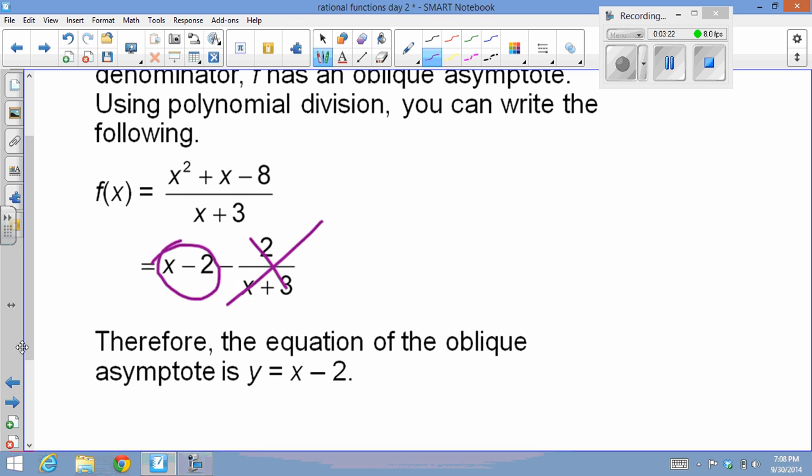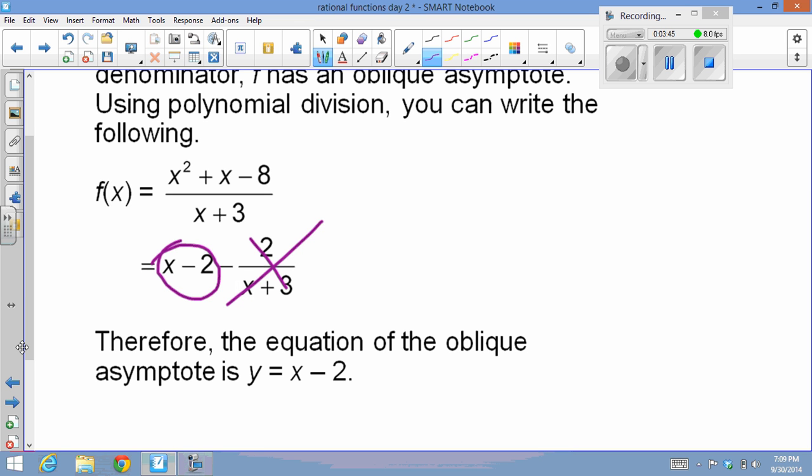So then we would have to continue with doing what we had done before, which means we're going to have to find our x-intercepts and our y-intercepts. We would find our y-intercept by putting a 0 in for x. So if I put a 0 in for x, I would have -8/3 as my y-intercept. So that's 0, -8/3. And then I would have to find my x-intercepts.